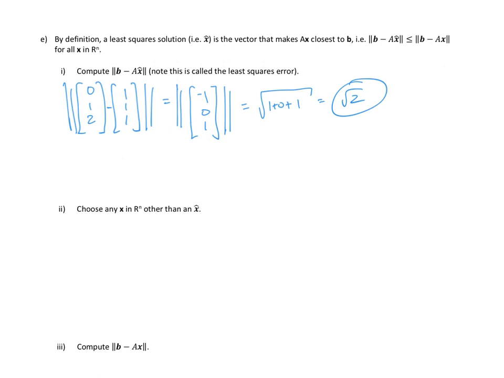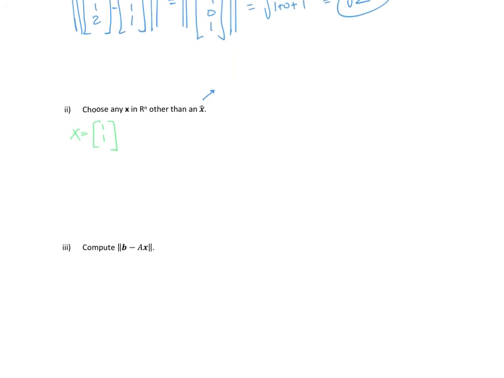Choose any x in R2 other than x hat. So remember, x hat was... So that is not in my solution set for x hat. And now I'm going to compute b minus Ax. B minus A times 1, 1. Okay, so b is 0, 1, 2. A is 1, 1, 1, 2, 2, 2. X is 1, 1. And that's going to come out to a vector that I need to take the length of.